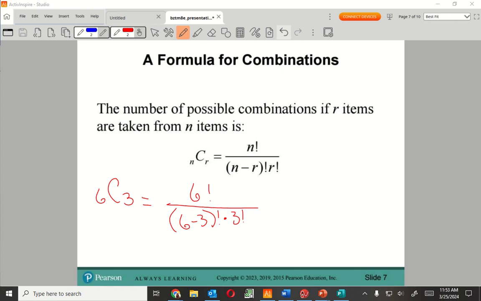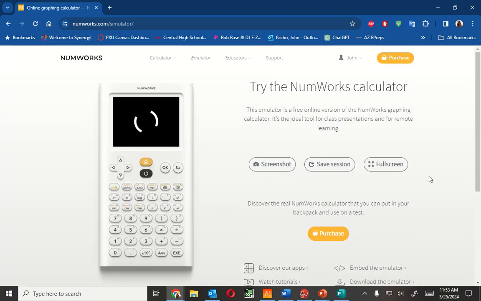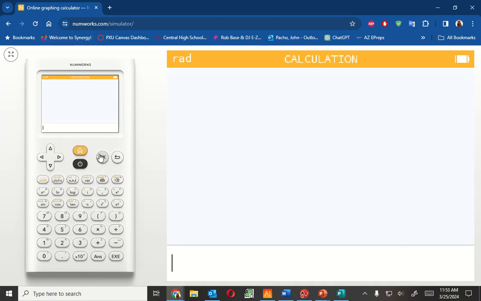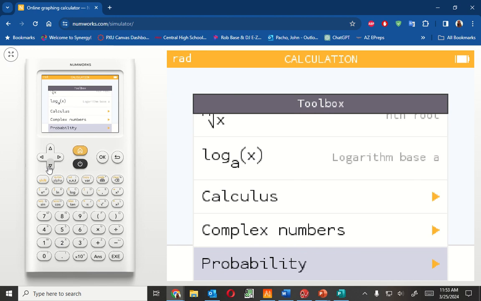For those people that want to use the calculator, you know the calculator also has a mode for this, right? Let me show you how to get here first. From my calculator, I'm going to go to toolbox. Are you on NumWorks? Okay. Toolbox, scroll down to probability. And I know we're writing down these steps, right?